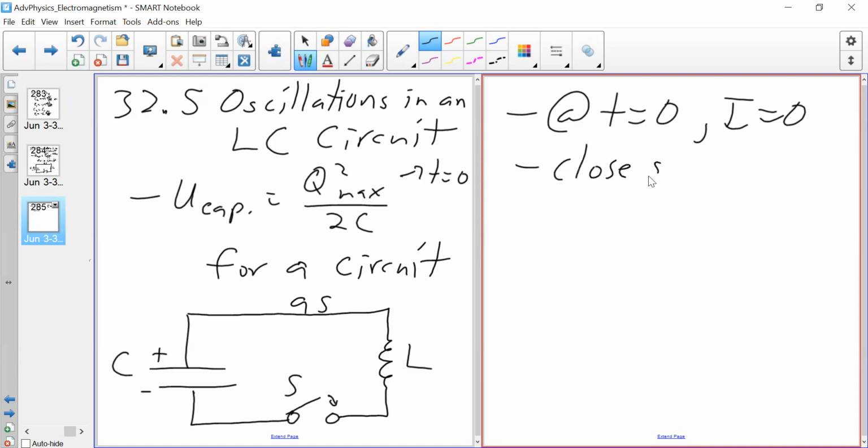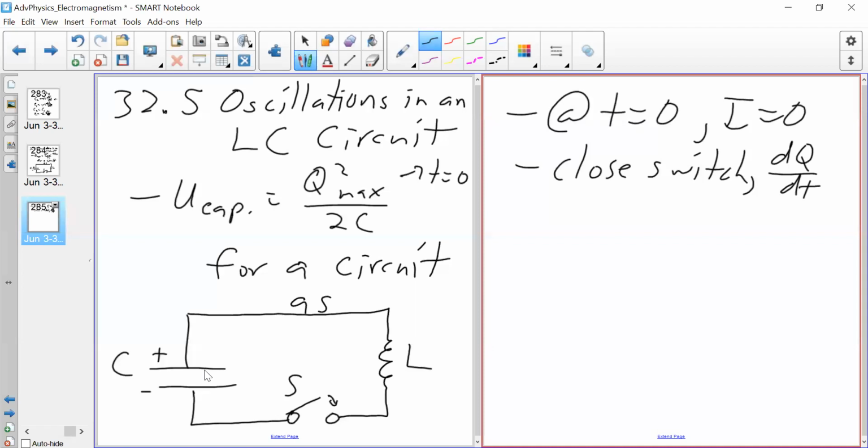When you close the switch, we start getting current, because now the capacitor is going to start to discharge. Not current, but charge flow, positive, negative. We start sparking or discharging.